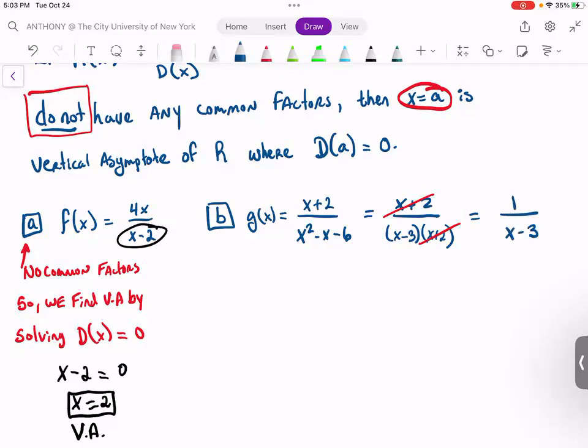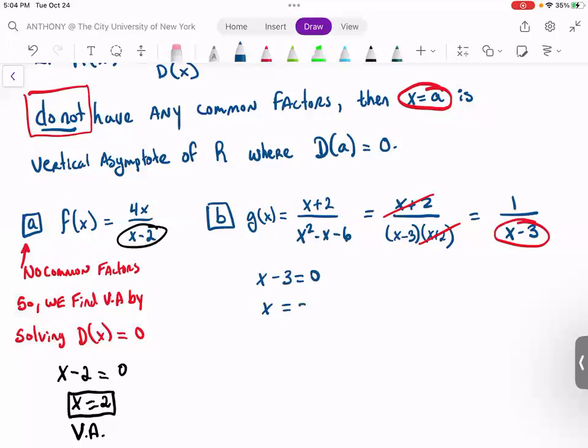And if you want to find the vertical asymptote for this example, all you have to do is set the denominator in the simplified form of g equal to 0. Now we take x minus 3, set that equal to 0, and we solve for x. X would equal what value?